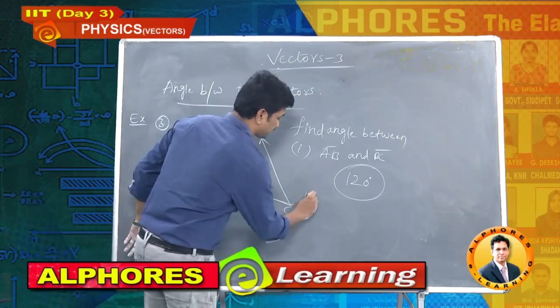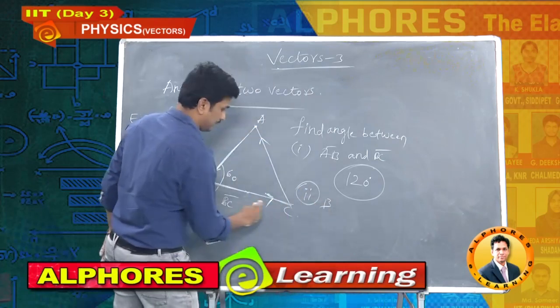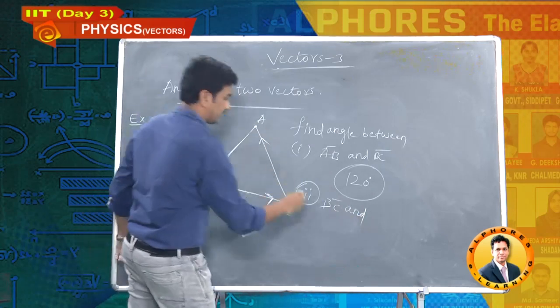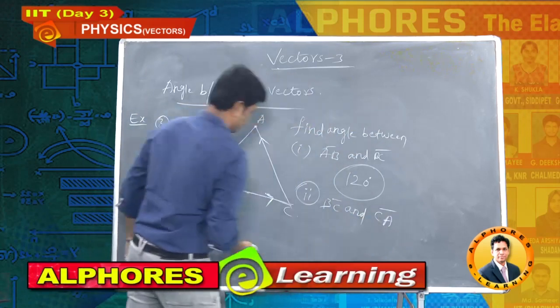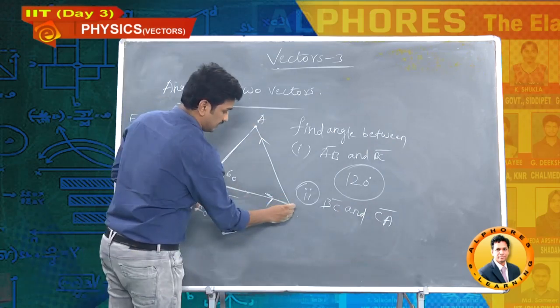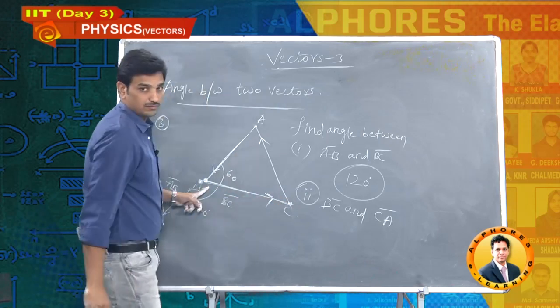Now one more. Same thing. Angle between BC bar and AC bar. BC, AC, CA. See here, CA tail, BC head.